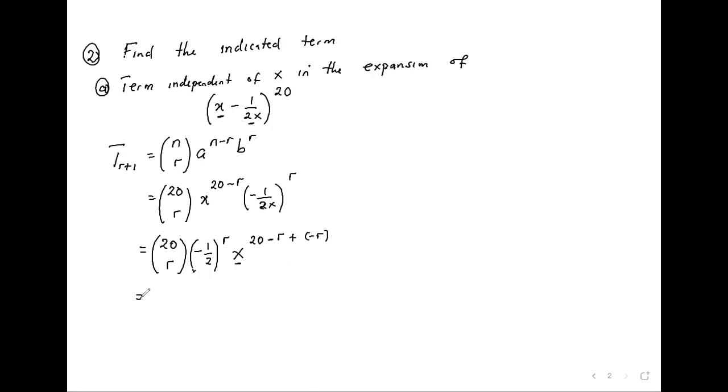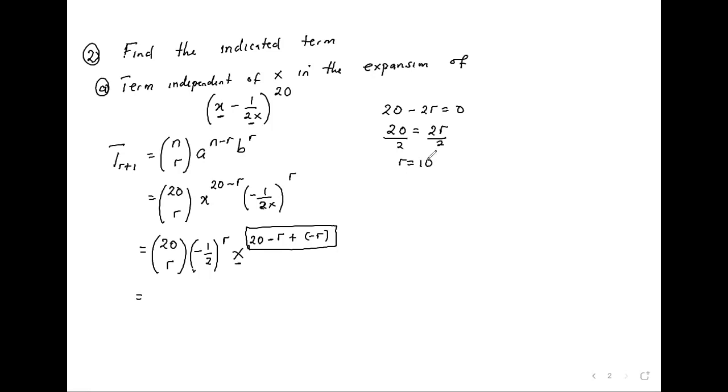So that means we are after the term independent of x, so now we concentrate on the powers of x. We get the whole power of x and equate it to 0. So we say 20 minus 2r is equal to 0, meaning 20 is equal to 2r. Divide by 2, divide by 2. So r becomes 10.